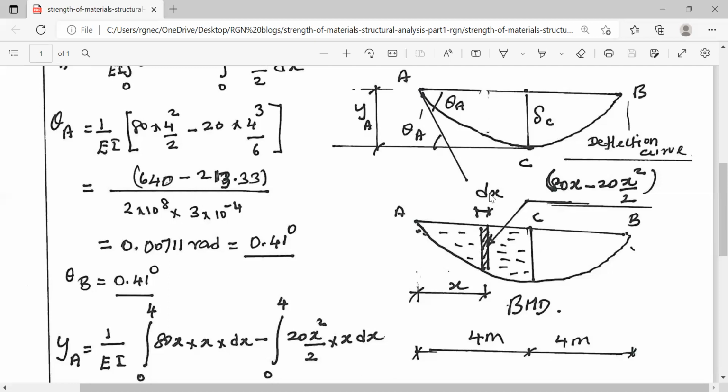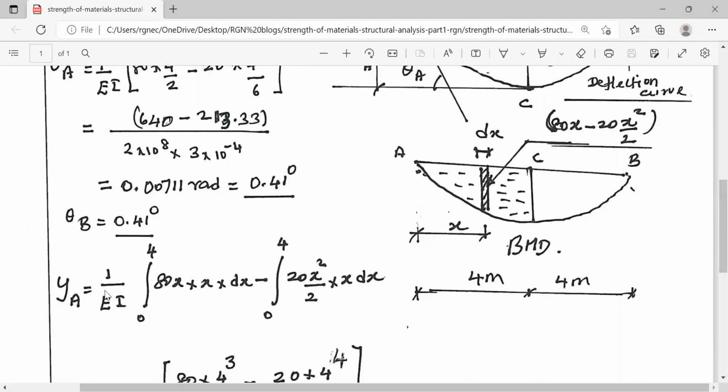This ordinate into dx is the elemental area, and this elemental area into x is the moment of the elemental area. And if this is integrated between 0 to 4, this gives the total moment of the area of the bending moment diagram between A and C.